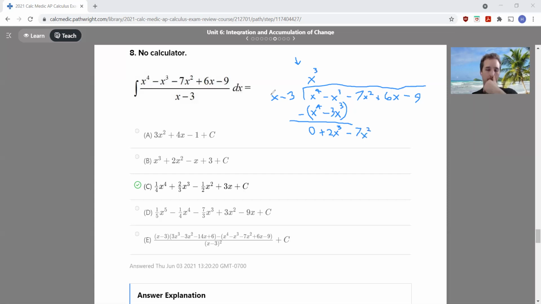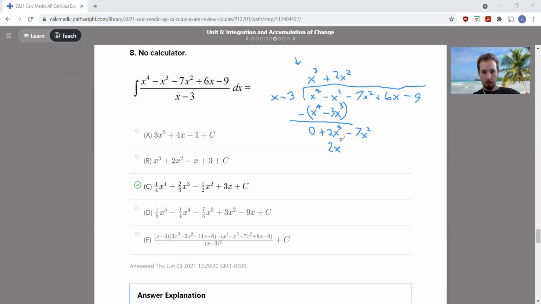And so how do we get x to equal this one now? 2x cubed. Okay, well, it's a positive, so for x to become 2x cubed, we're going to need 2x squared. And again, x times 2x squared should be 2x cubed.